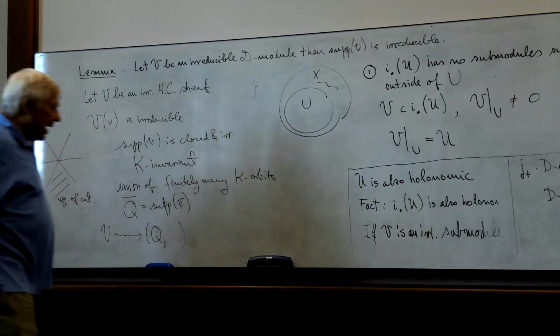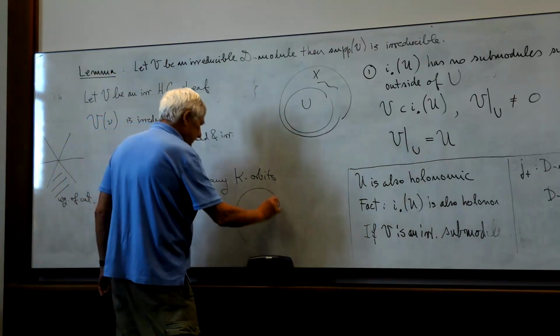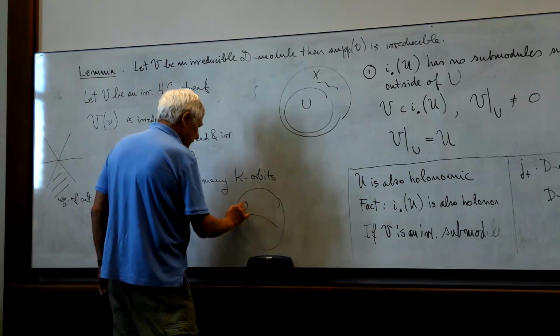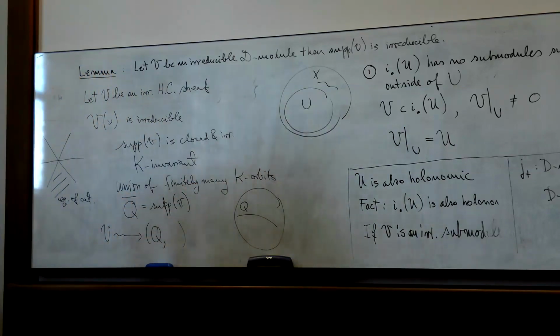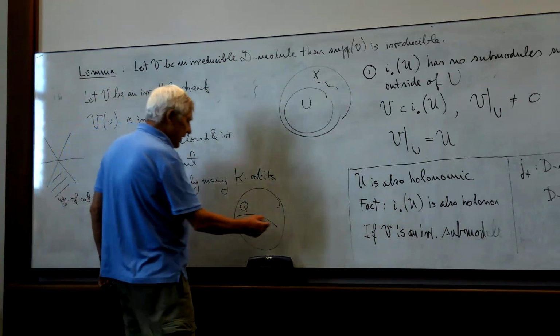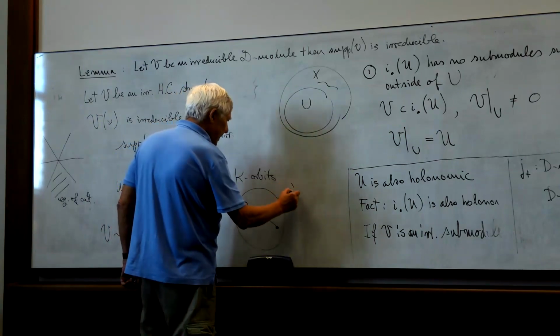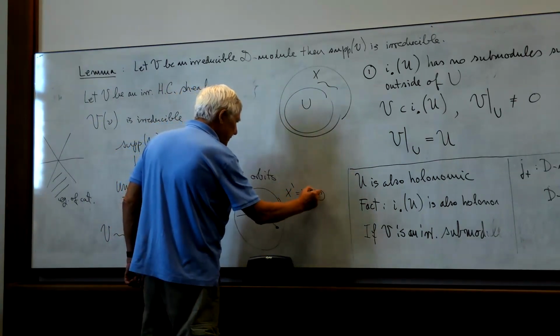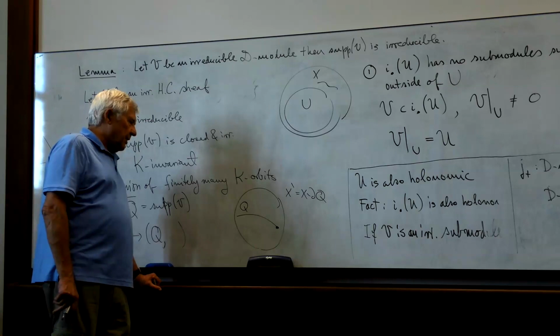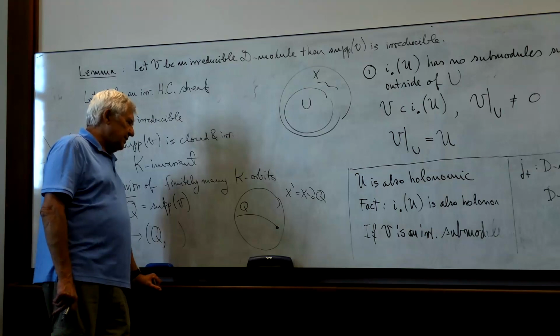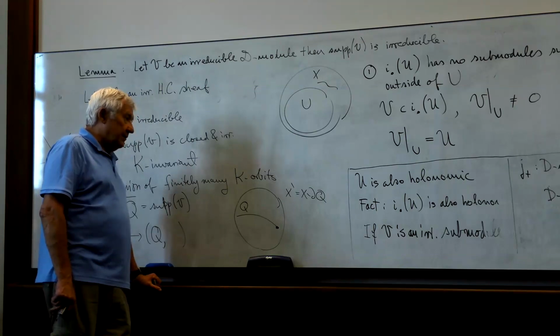And now our discussion here tells us that if we have this orbit Q and our irreducible D-module is supported on the closure of the orbit Q, we throw away the boundary, we consider X prime, which is X minus the boundary of Q, and then our D-module restricted to X prime stays irreducible, and its support is Q, and Q is a smooth closed subvariety of X prime.